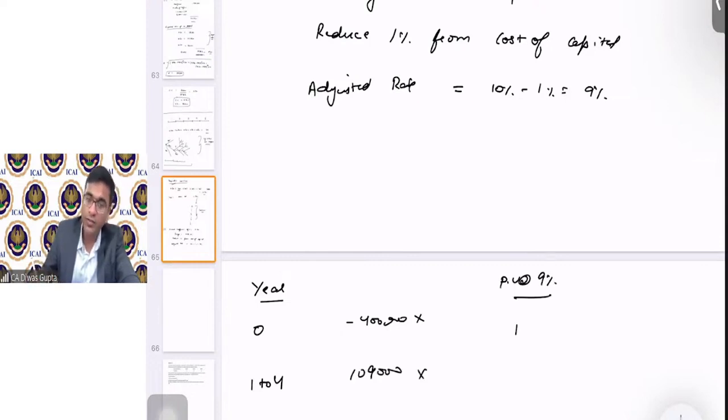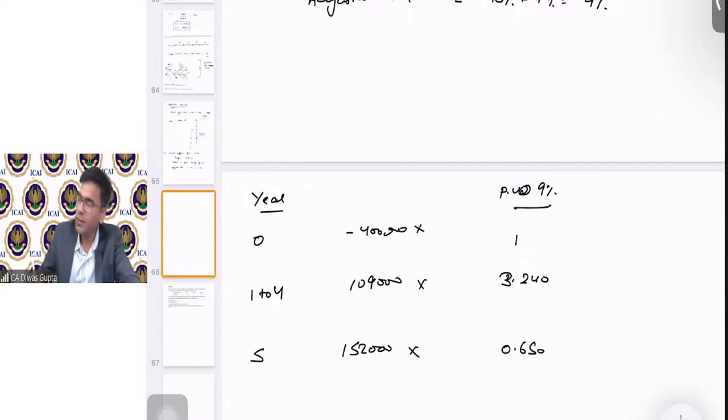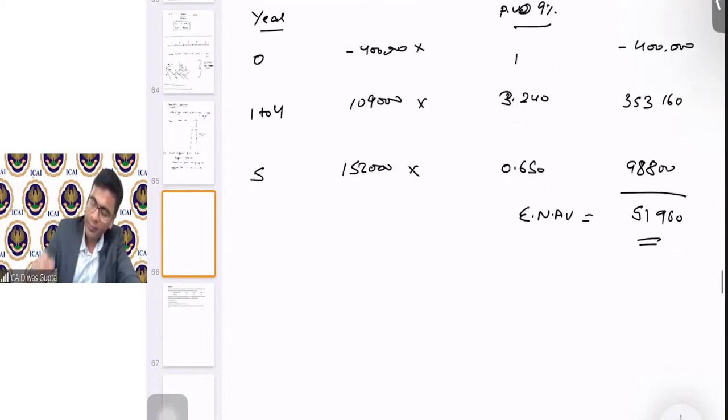The weighted average cash flow for the first 4 years was 1,09,000 per annum, and 3.240 is the 9% present value annuity factor for 4 years. 1,50,000 was basis the salvage value. 0.650 is the present value factor at the rate 9%, minus 4 lakhs. 3,53,160, 98,800, 51,960 is the total expected NPV. And hence, the NPV is positive, the project can be accepted.